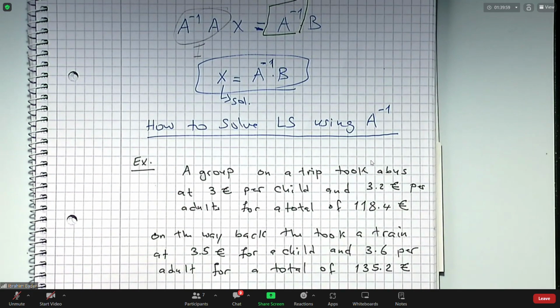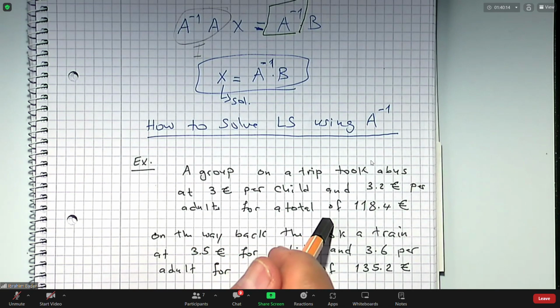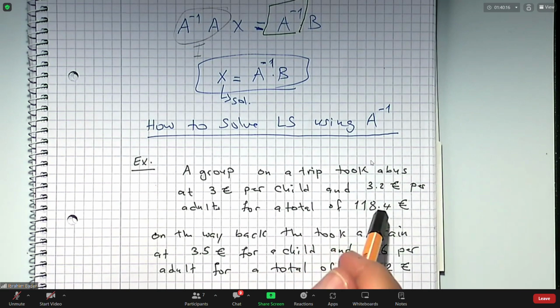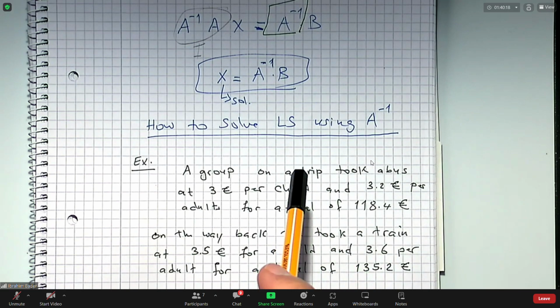Okay, clear? So a group of people went on a trip, going, they took a bus, €3 per child, 3.2 euros per adult, and the total was 118.4 euros.